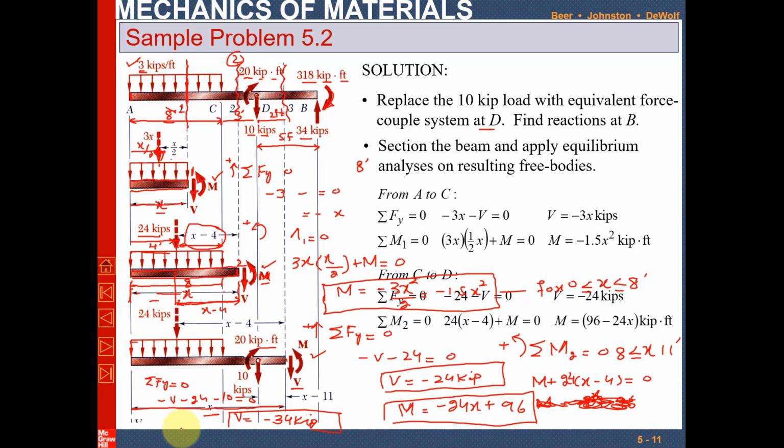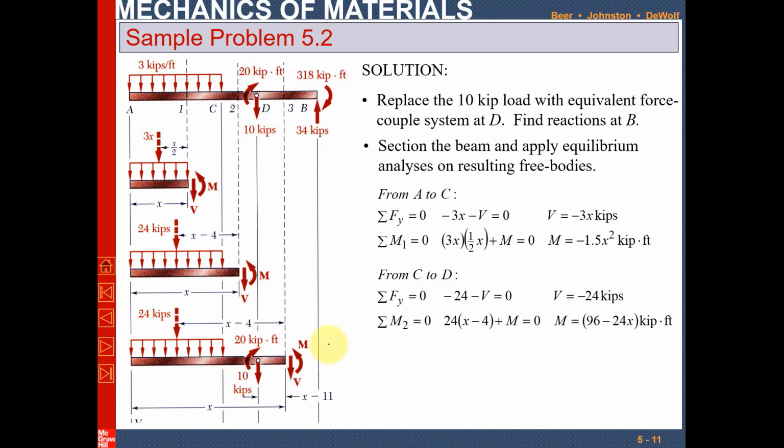So I clear it, I remove all the writings. Now you can see from A to C, it means x is greater than or equal to 0 and less than or equal to 8 feet. So for the shear force, it is 3 into x: minus 3x minus V is equal to 0.